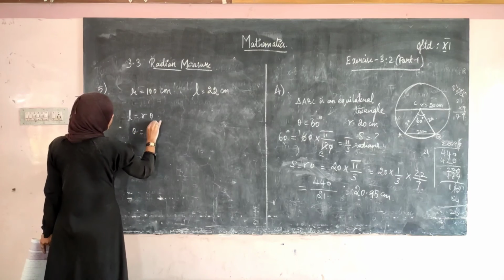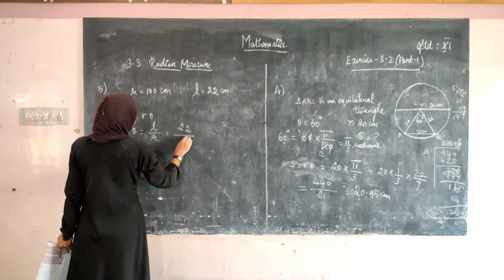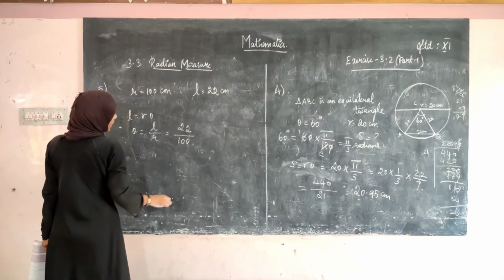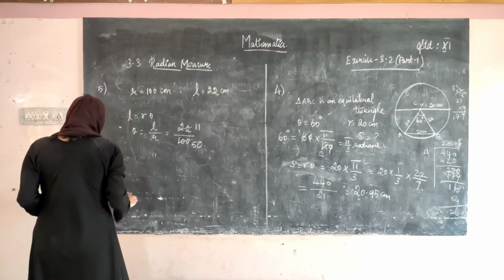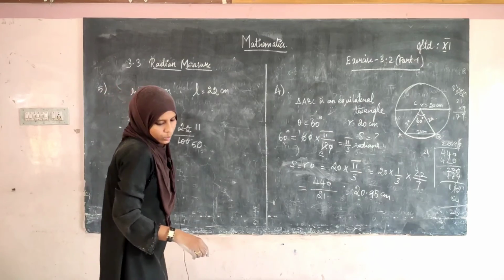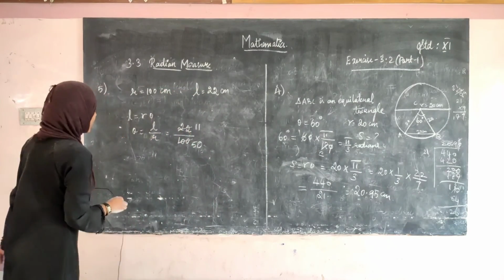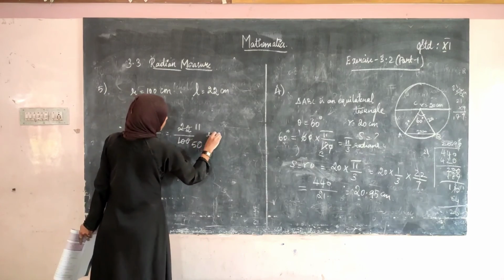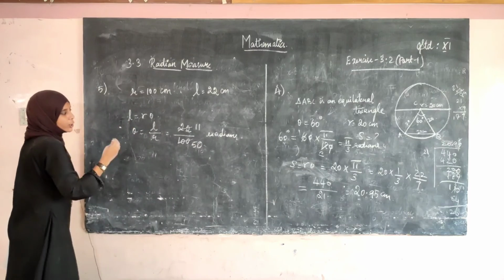Therefore theta is equal to L divided by R. What is L? 22 divided by 100. So 11 divided by 50 in radians. So we have to convert this to degree.